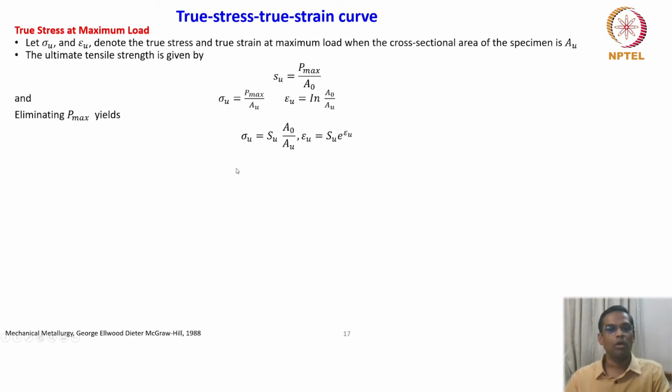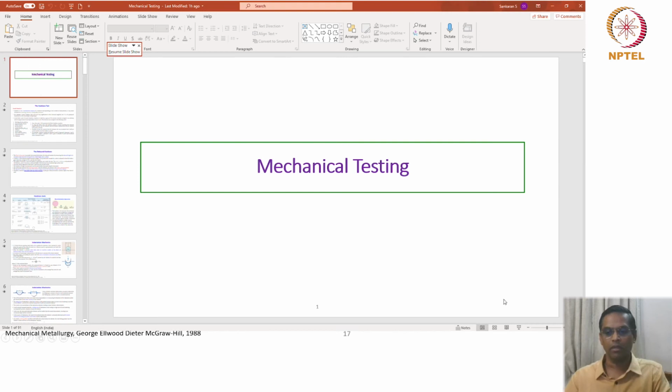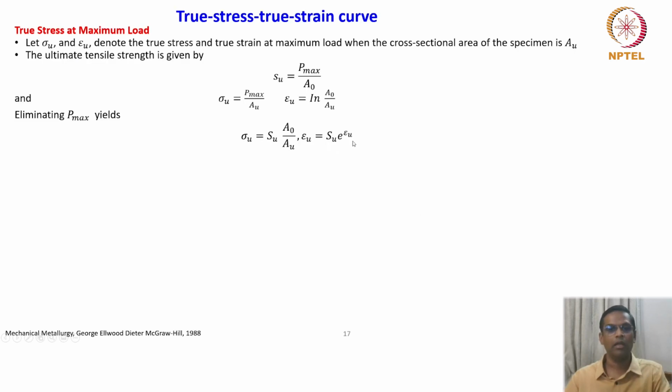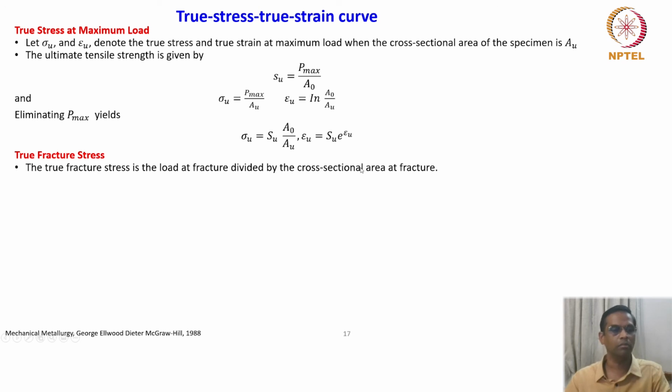We can also rewrite these expressions like this: sigma U is equal to SU times A naught by AU, or sigma U is equal to S into e to the power epsilon U. This is another relation you can derive from these simple equations.